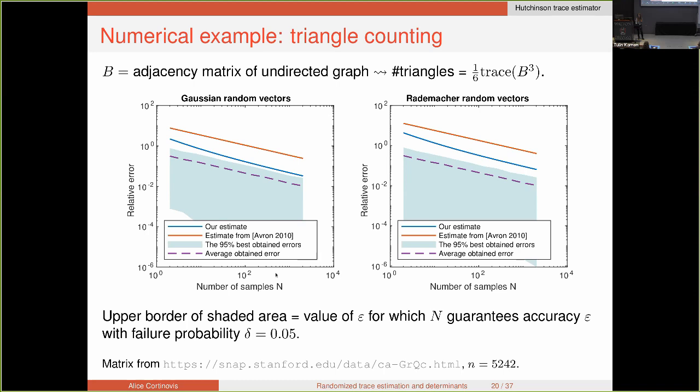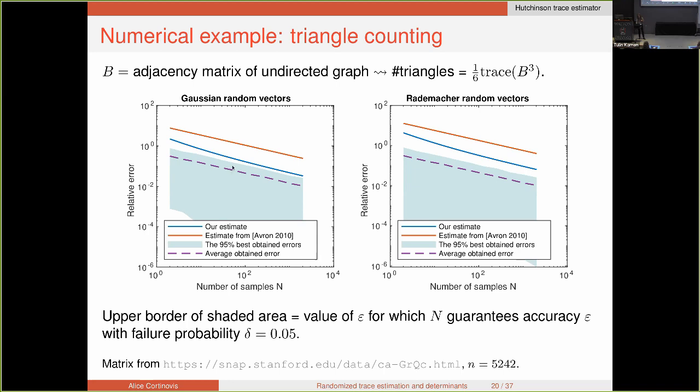And I compute the error from our estimate, the epsilon that I get from the previous estimate, and this is what I obtain empirically. This light blue area indicates the 95 percent of the obtained errors.